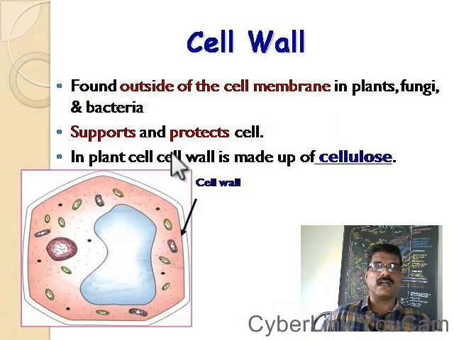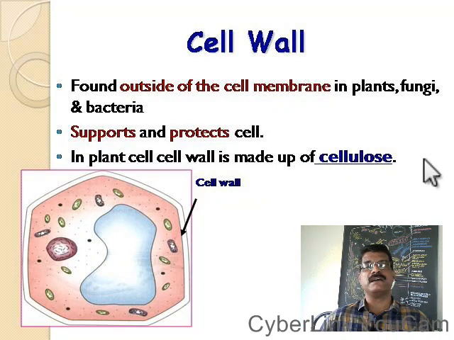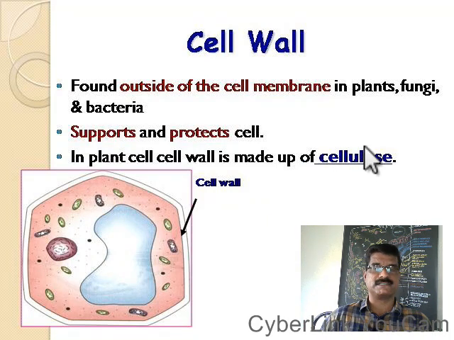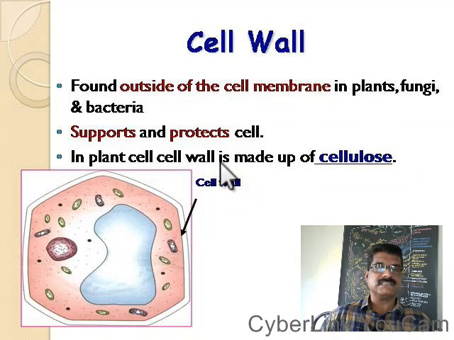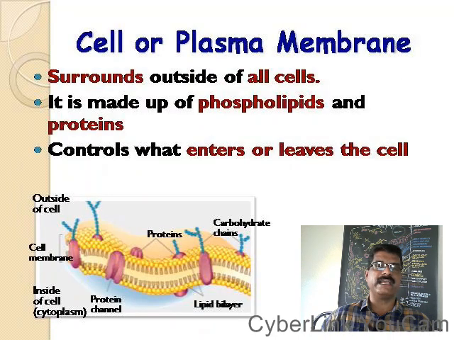See, the cell wall is actually made up of a natural polymer that is known as cellulose. The cell wall supports and gives strength and rigidity to the plant cell. And the cell wall or the cell membrane separates one cell from another cell, or it separates the components of one cell from the other cell.